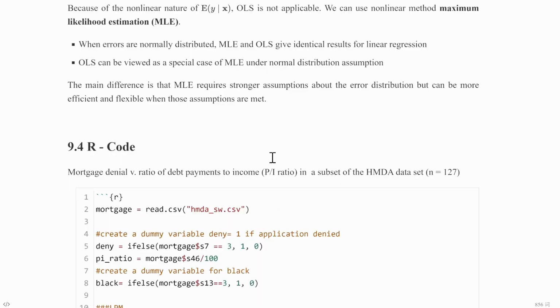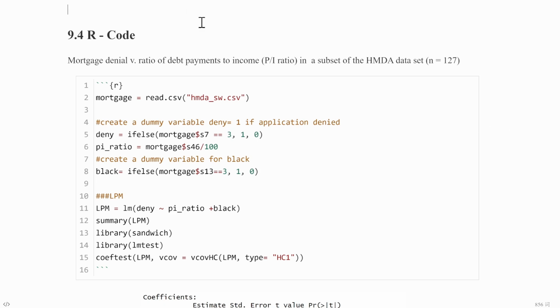Okay, so you can find this R code on Moodle. Here we estimate, first, using a data set called HMDA SW CSV. We read the file, and we are trying to estimate the effect of the ratio of debt payment to income: how would your debt to income ratio affect your probability of being denied a mortgage loan?